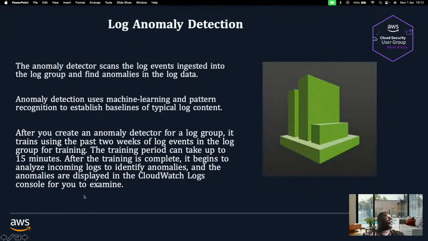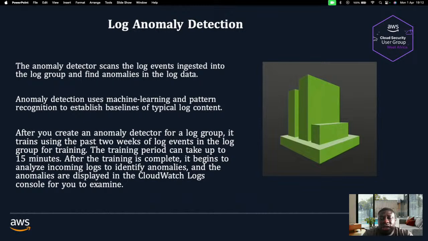So, log anomaly detection. Like most of you already know, this is all about how you find anomalies in your logs, right? And AWS has provided us with a tool that helps with this.